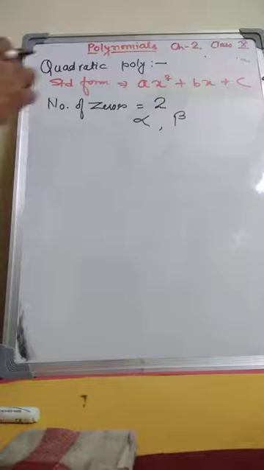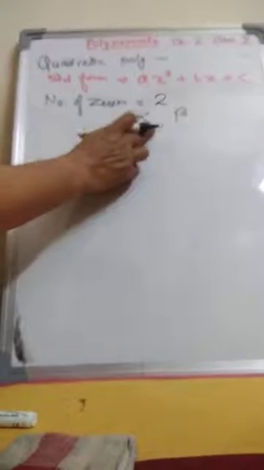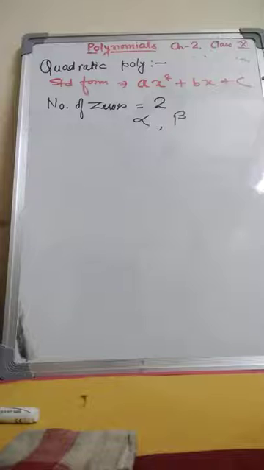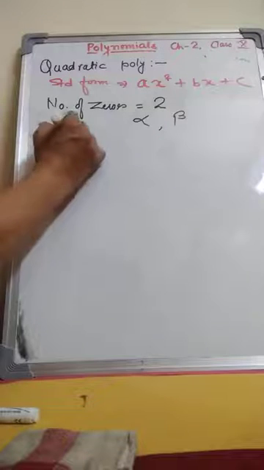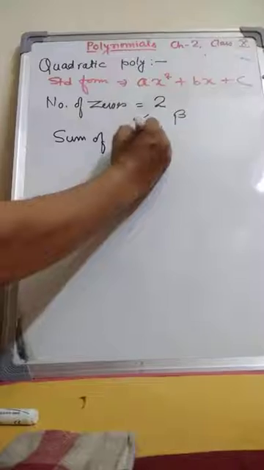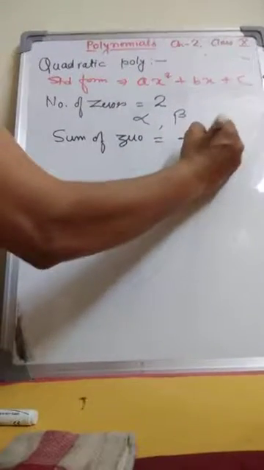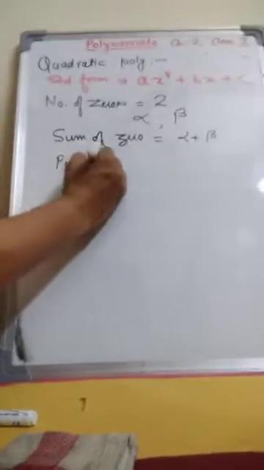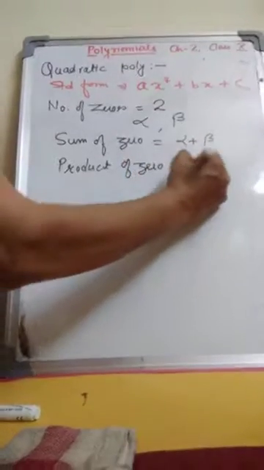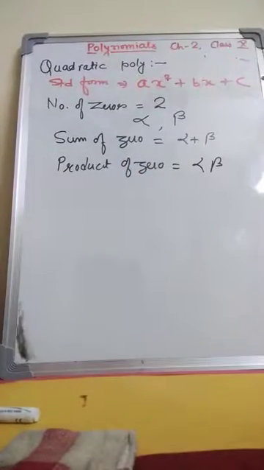So if a quadratic polynomial has 2 zeros, alpha and beta, then the sum of zeros is alpha plus beta, and the product of zeros is alpha into beta.